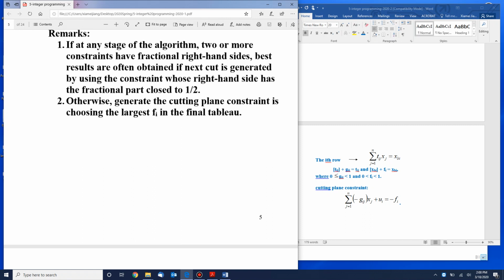Or you generate the cutting plane constraint choosing the largest fractional part in the final tableau. Sometimes we may have a couple of them with the same fractional part. Then you can choose any of them. Now I'm going to give you one more example.